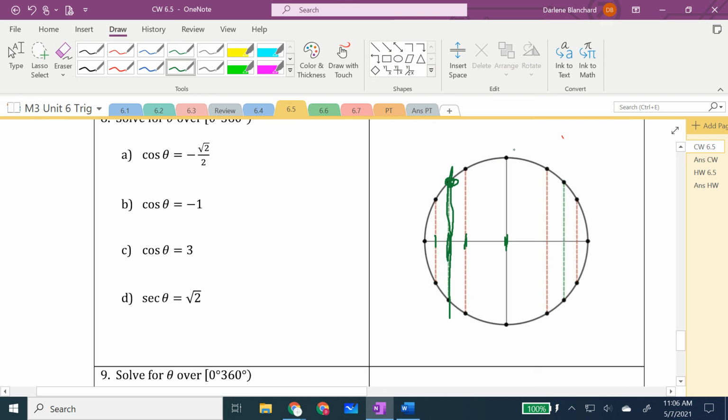This angle is 45 degrees beyond 90, or you could say 45 degrees before 180. And so that's 135 degrees. And then 45 degrees beyond 180, 225 degrees. So those are your answers to A.